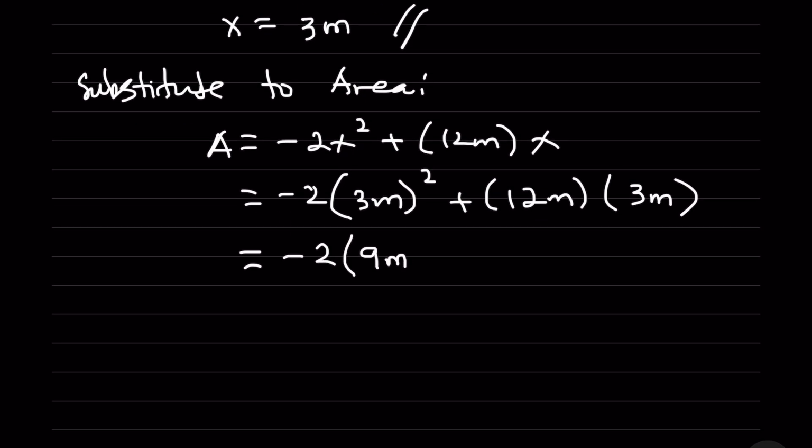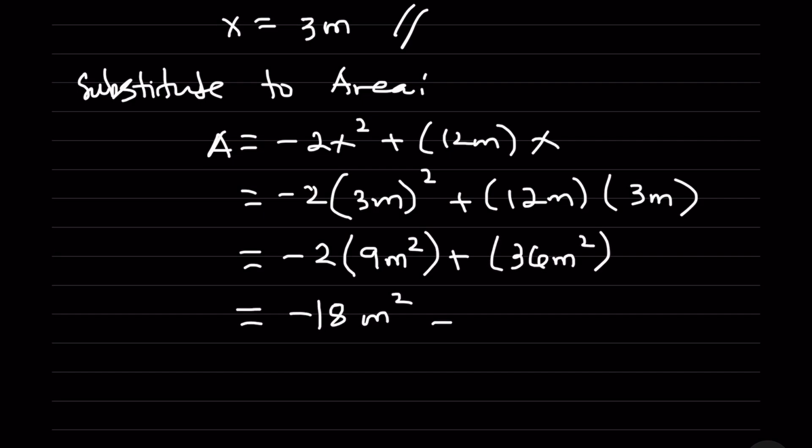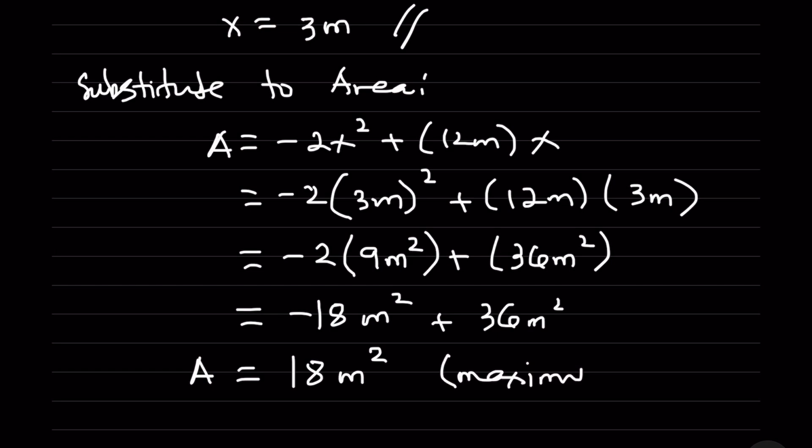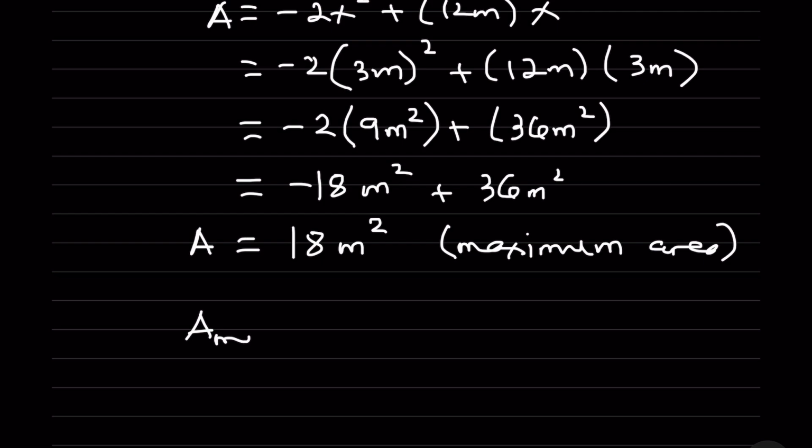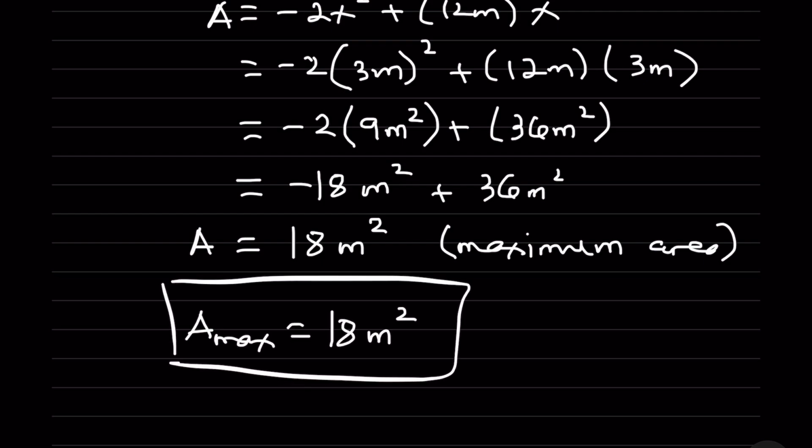So you take note that the unit for the area becomes meters squared. The final answer is 18 meters squared. So this is the maximum area. So we can denote that by symbol A sub max. The final answer is 18 meters squared.